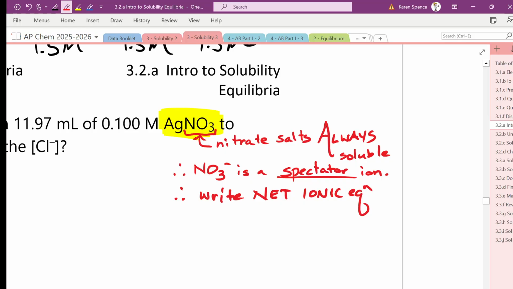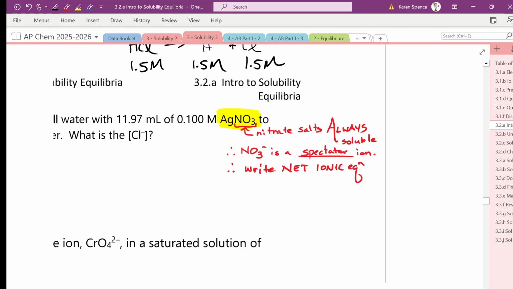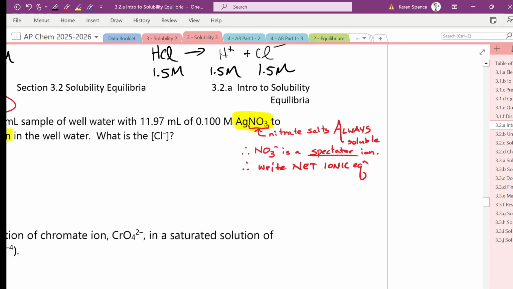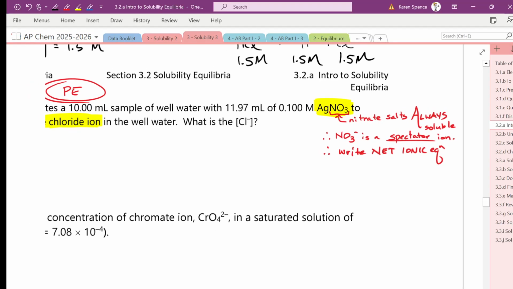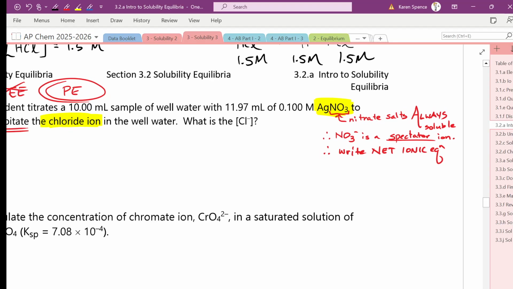I mean, you can write AgNO3 plus Cl, but it's mixing and matching and tends to confuse people. They tend to be like, oh, I don't know what to do. So just ask, what's actually reacting? Well, the silver and the chloride are actually reacting. Who would be the reactants in this precipitation equation? Ag and Cl.